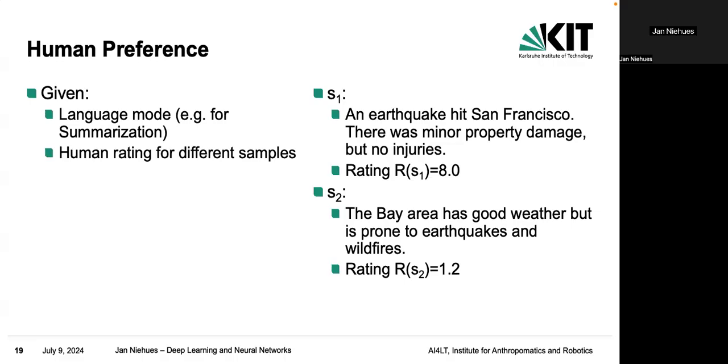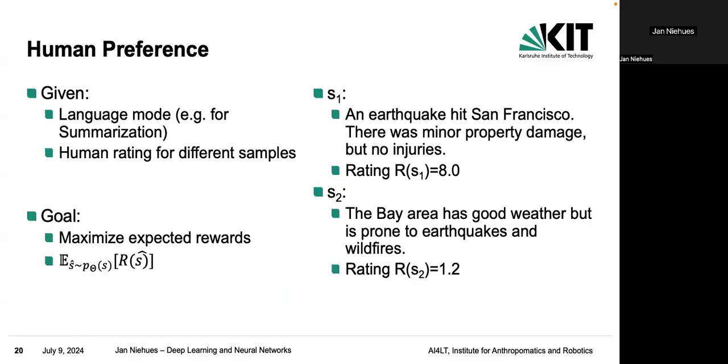So if we have this type of data, the question is, can we train a model that generates the answer which it thinks gets the best reward? So you're no longer trying to predict the most probable token or something like that. The aim is, can we directly optimize this type of reward?